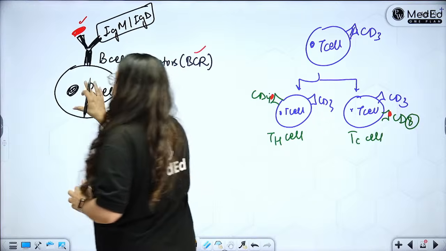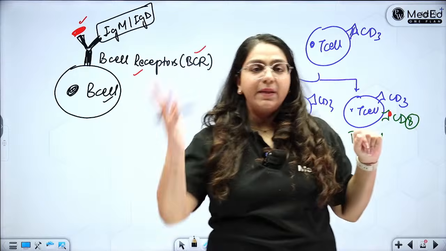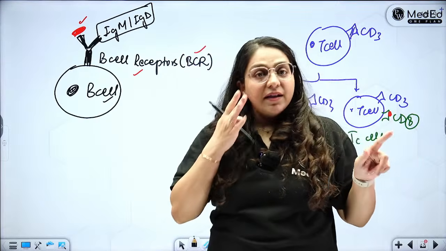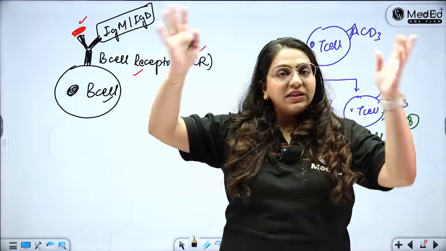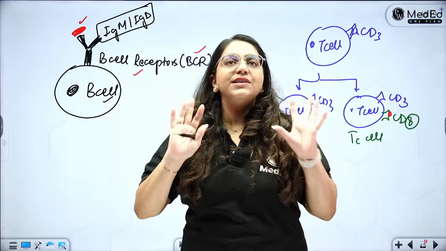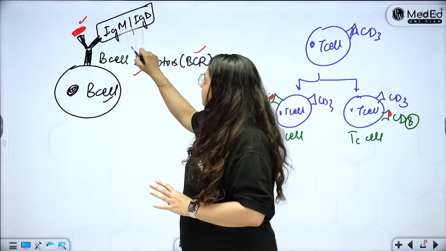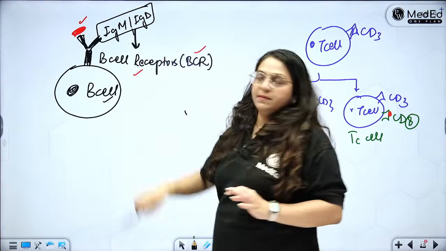After activation, a B cell can produce all different 5 classes of antibody, A, G, M, D, E. But before activation, that is the receptor on the B cell, which will bind to the antigen, is always an IgM or an IgD, which is a B cell receptor.